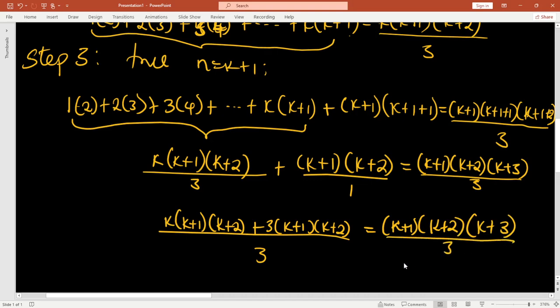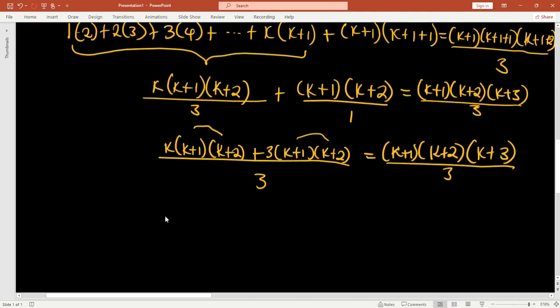Now when you look at the numerator on the left hand side, you'll notice that k plus 1 and k plus 2 are common on the two terms. So when you factor it out, you factor out k plus 1, you also factor out k plus 2.